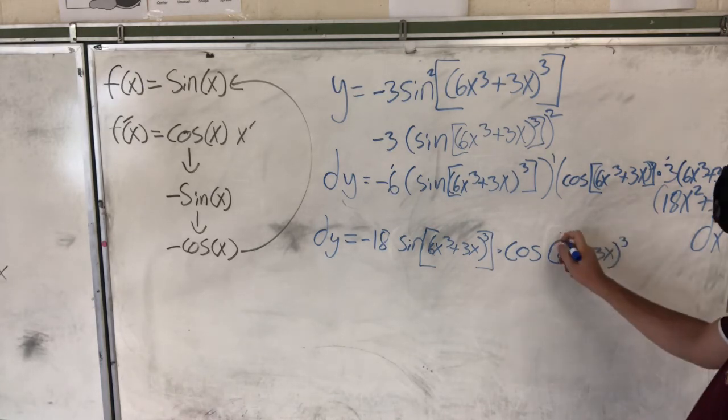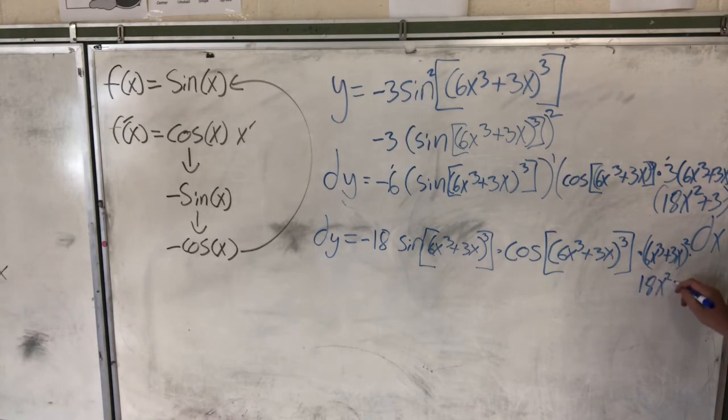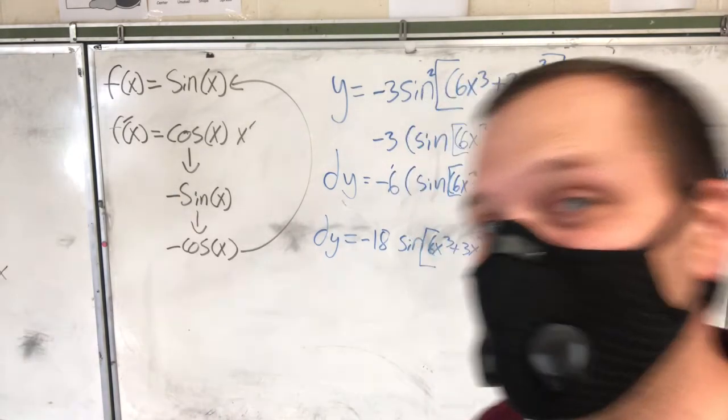Actually I do, because it's just this that's being cubed, not the cosine. Times 6x cubed plus 3x squared times 18x squared plus 3 dx. Oh my goodness, that was a long answer. It's probably the longest answer you've ever gotten in a math class.